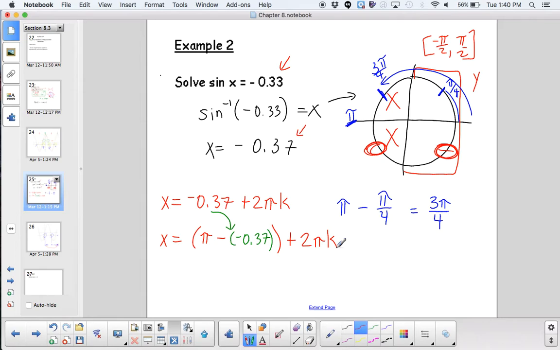So these two equations will give us the full set of solutions, and this is approximately 3.51 plus 2 pi k. Those are our two equations for the solutions.